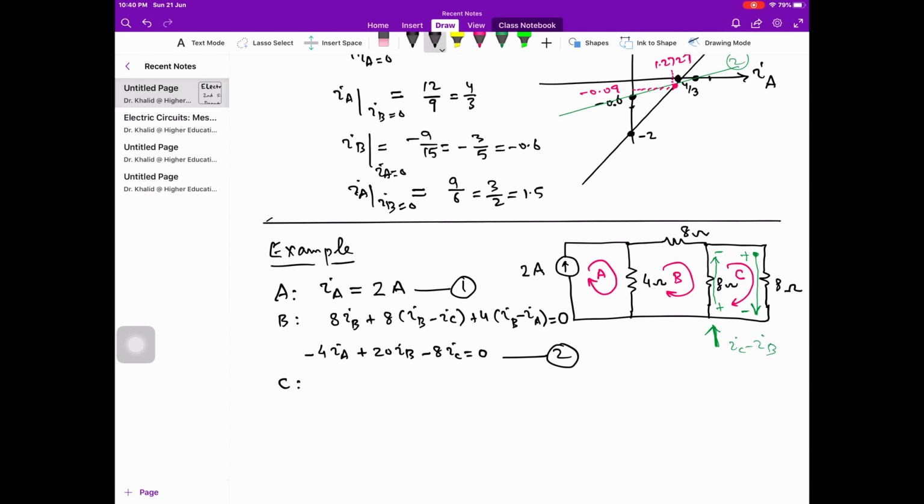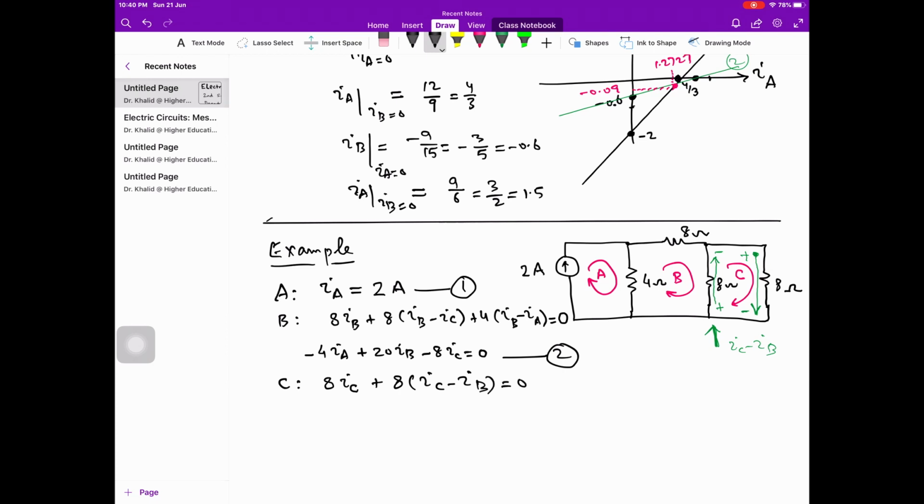Now we write the equation for mesh C. So across the 8 ohm resistance, the right hand side is equal to 8, and only IC is flowing through it. Another voltage drop across this 8 ohm resistance is 8 (IC minus IB), equal to 0.